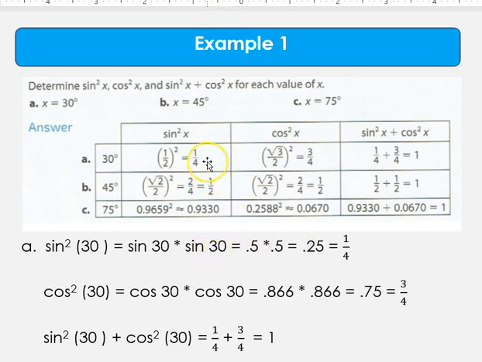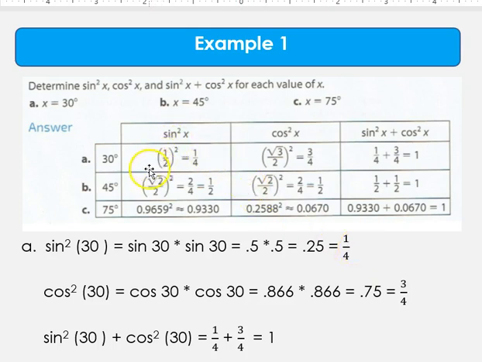So it's up to you how you want to do this, but we already know that sine 30 was 1/2 or 0.5. So sine squared 30 would be the same as saying sine 30 times sine 30, which would be 0.5 times 0.5, which equals 0.25, which, as far as I'm concerned, is a great answer. But for your textbook's intent, they are using fractions, so I converted to 1/4.